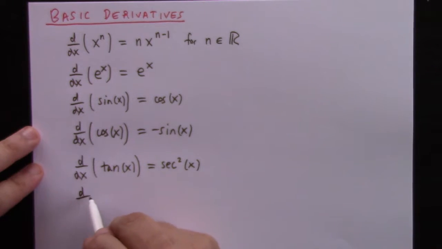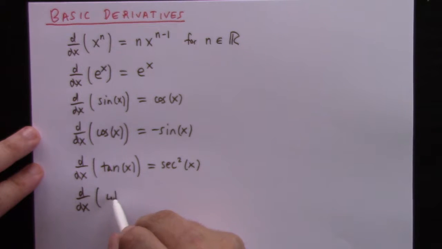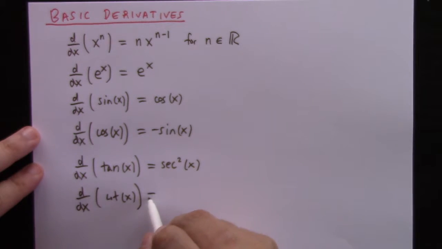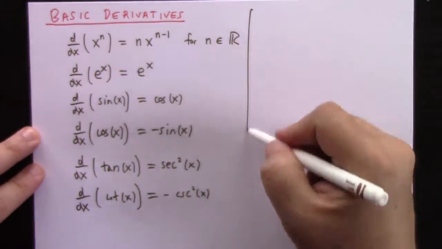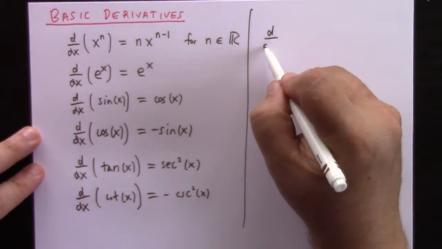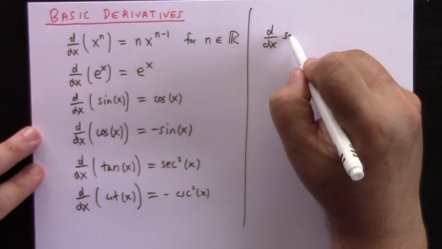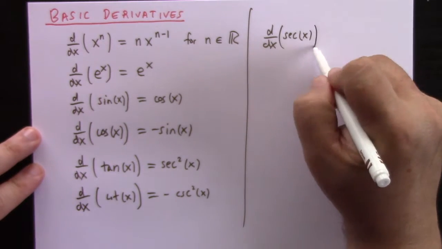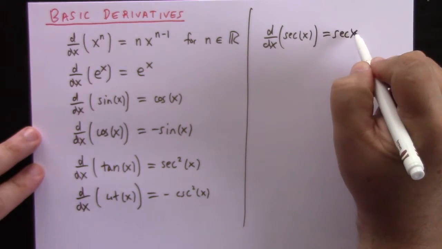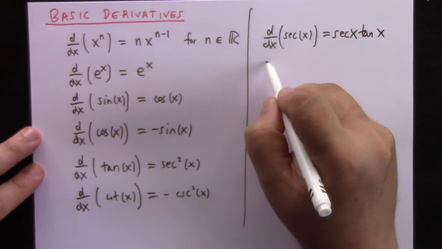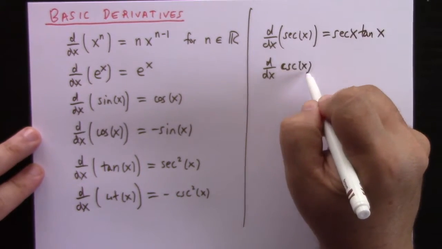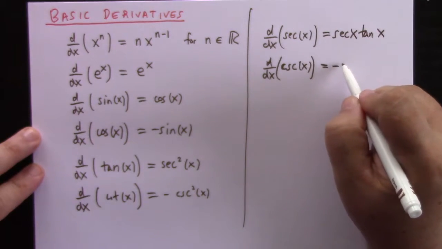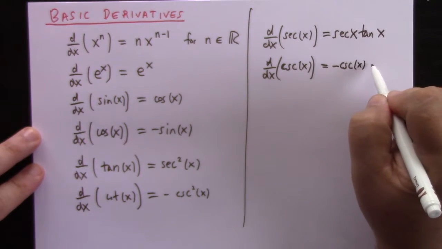The derivative of cotangent x is equal to minus cosecant squared x. The derivative of secant x is secant tangent x. The derivative of cosecant x is minus cosecant cotangent, I believe.